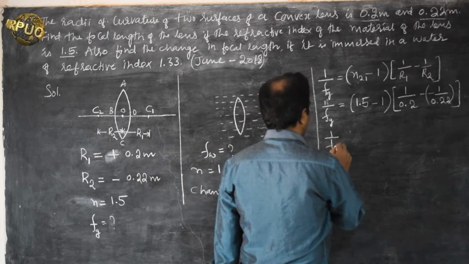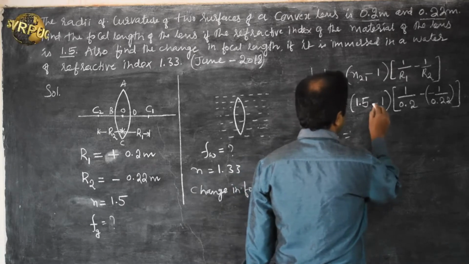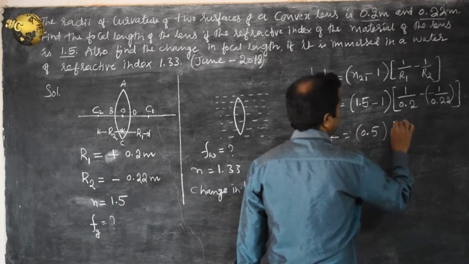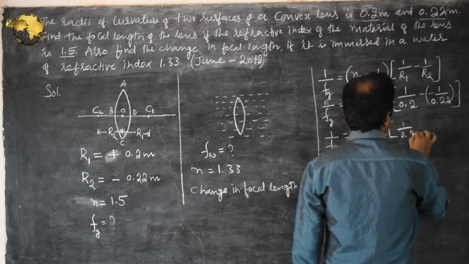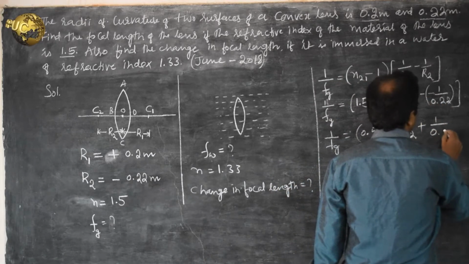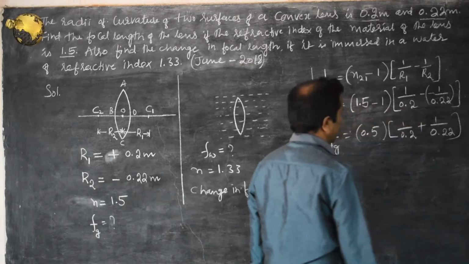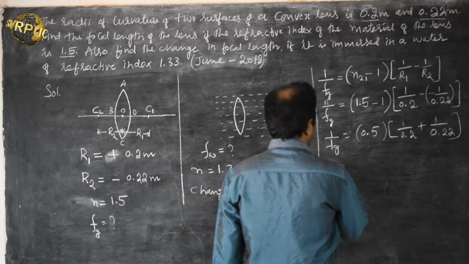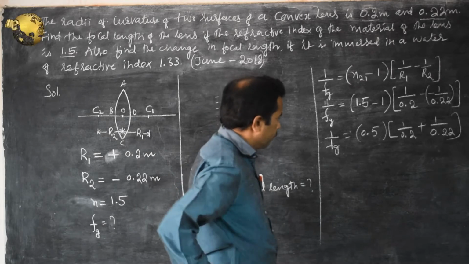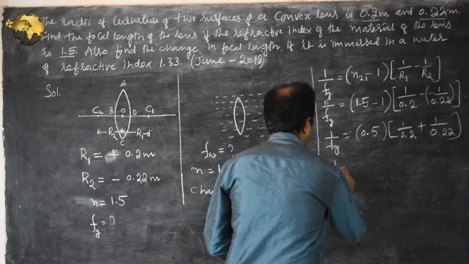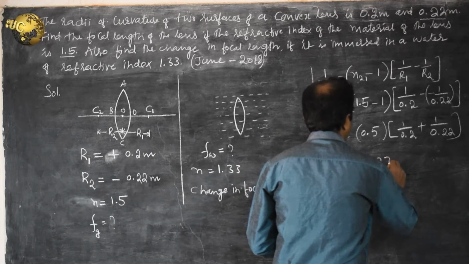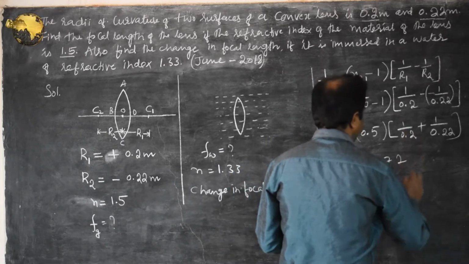So 1 divided by Fg is equal to 0.5, since 1.5 minus 1 is 0.5, multiplied by (1 by 0.2 plus 1 by 0.22). If we solve this, 1 divided by Fg is equal to 4.772.